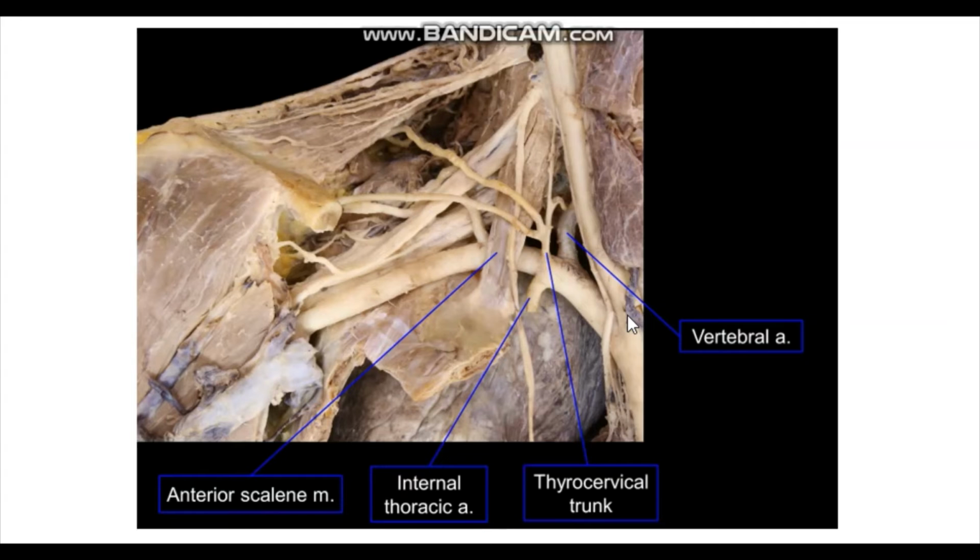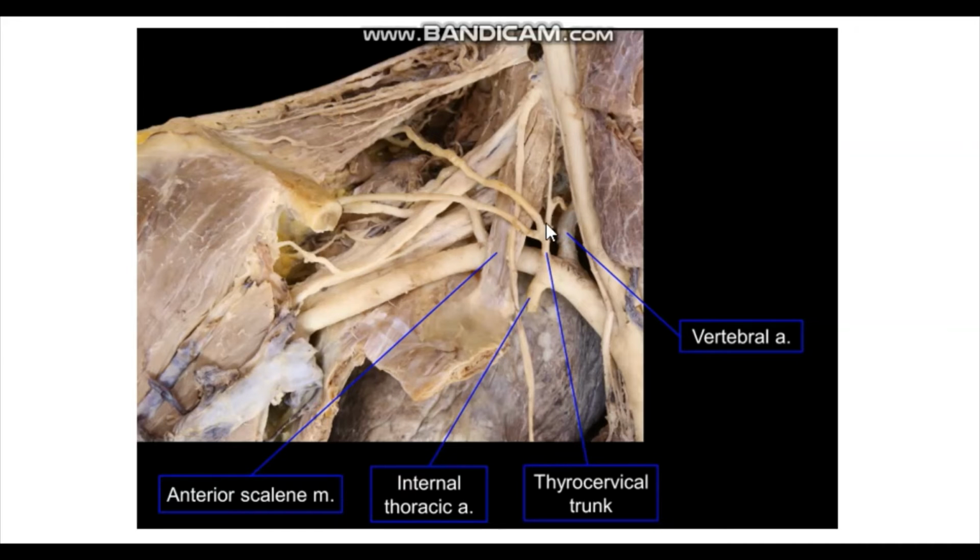The third branch of the first portion of the subclavian artery is the thyrocervical trunk. The trunk is located medially to the anterior scalene muscle. It has a length of approximately 4 cm and divides into 3 or 4 branches.